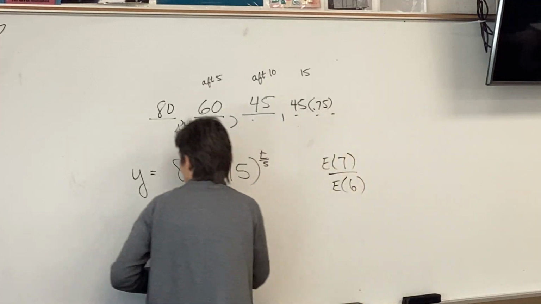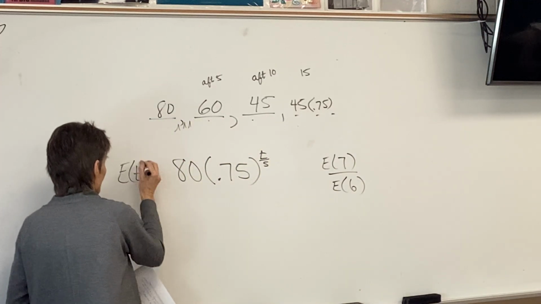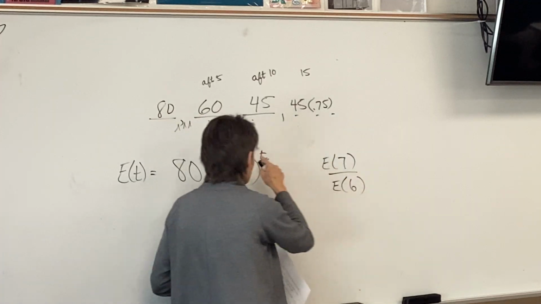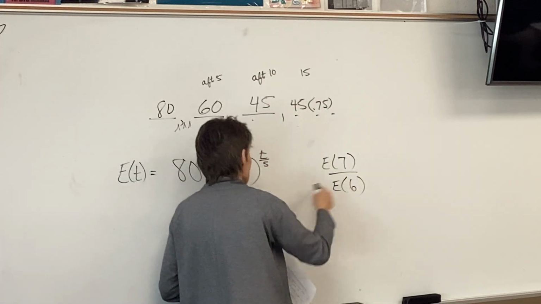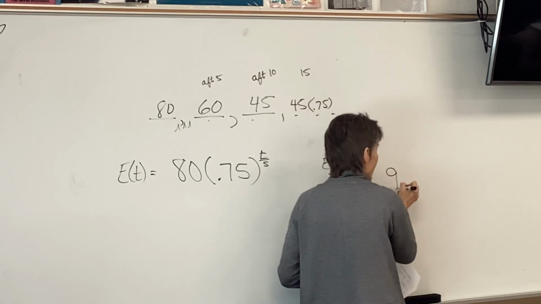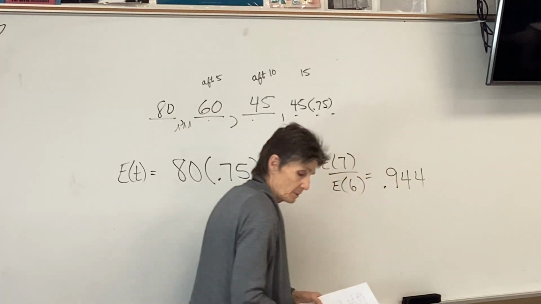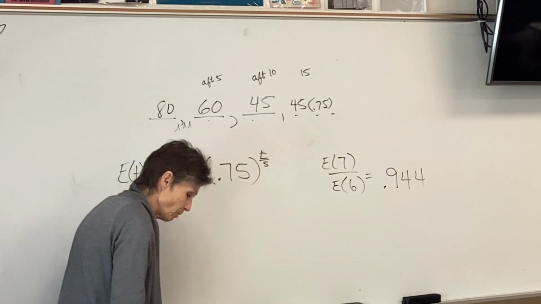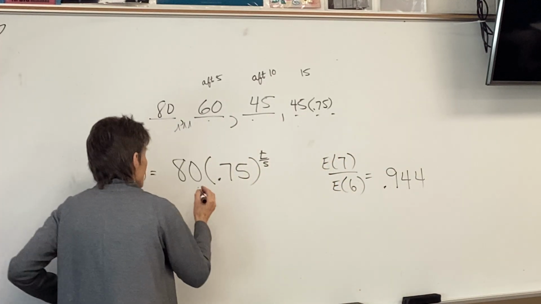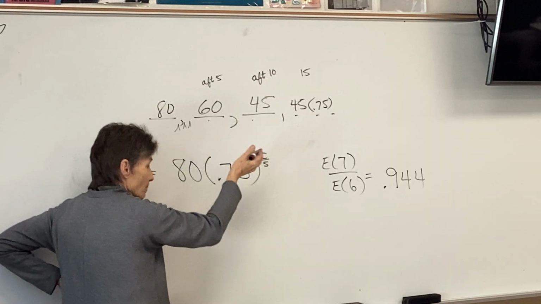Yes. Okay, this was e. So you put 7 in here and got a number, you put 6 in here and got a number, and calculated that and got 0.944.